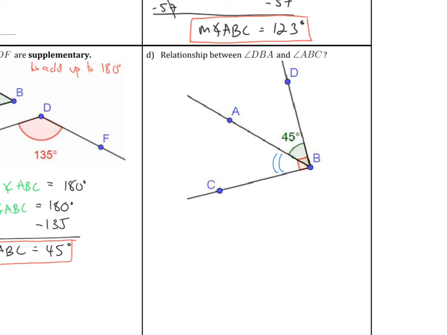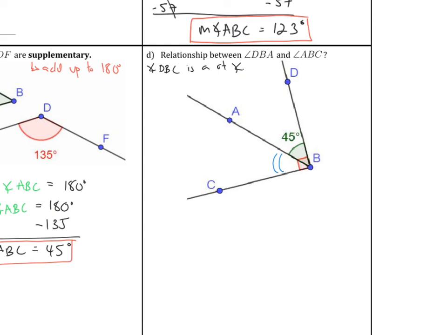All right, now, there aren't any obvious clues in this particular picture as to what the relationship might be, but notice how there is a square mark on the inside of angle DBC. What this square tells us is that angle DBC, I'll write it up here, angle DBC is a right angle.